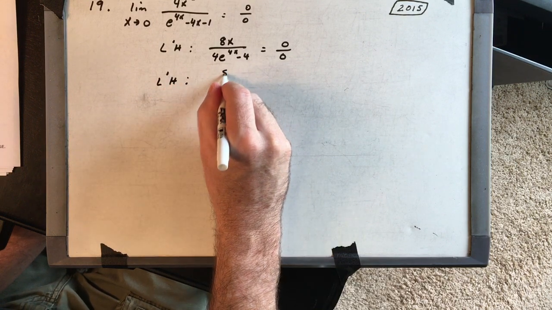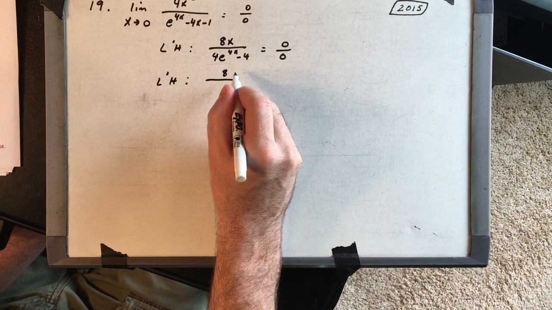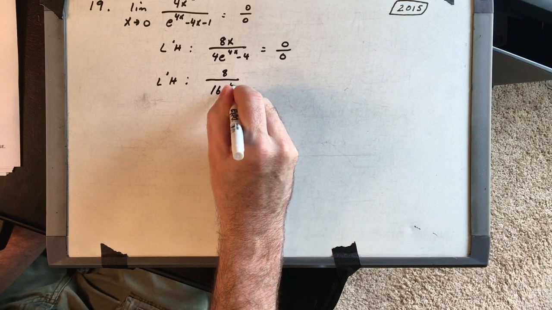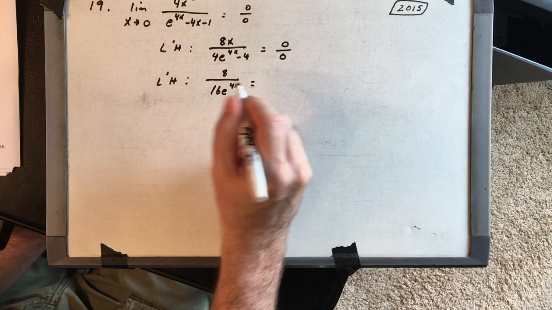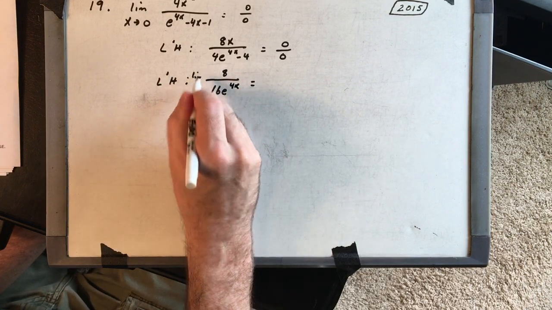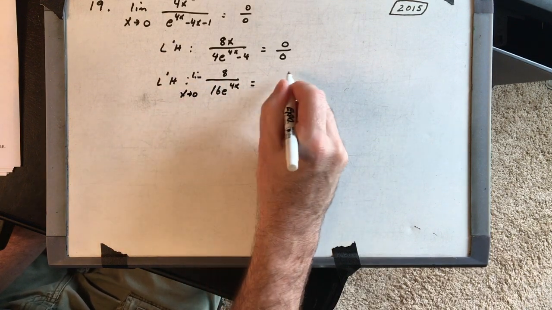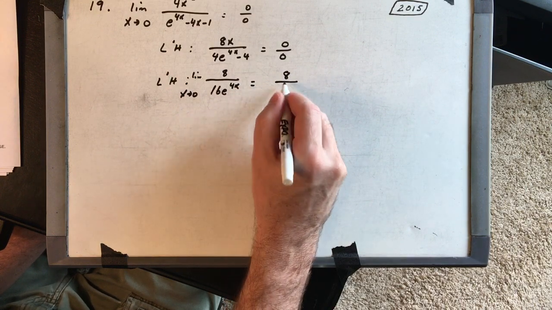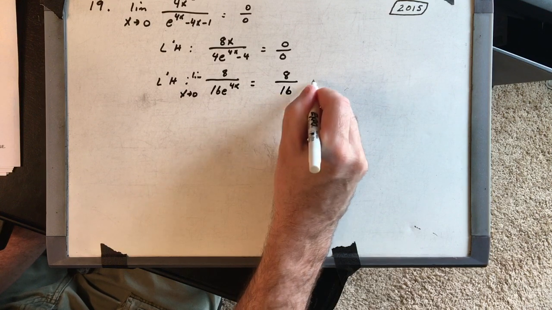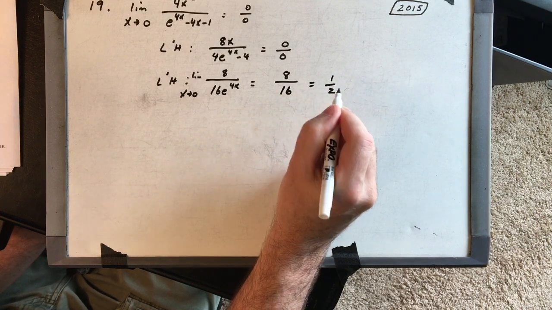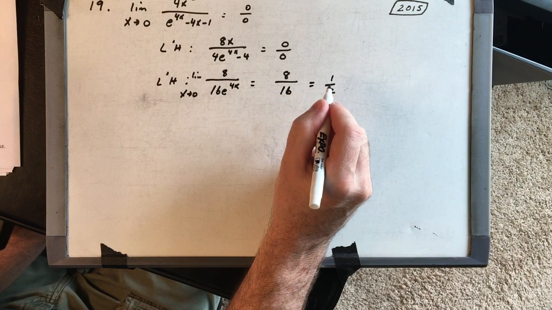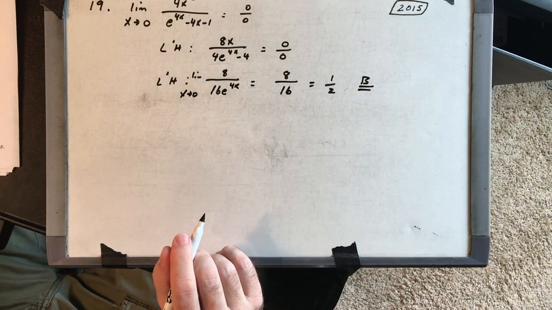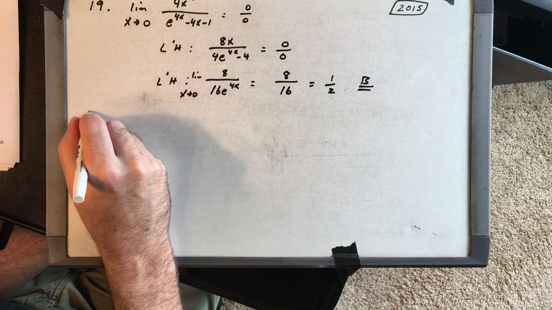So the second derivative, the top is 8. The bottom is 16e to the 4x. Now you can plug in 0, limit as x approaches 0. It's going to be 8, and when you plug 0 in here, it's 16 times e to the 0, which is just 16 times 1. That's a half. And let's hope that's one of the answers. It is B. Fantastic.